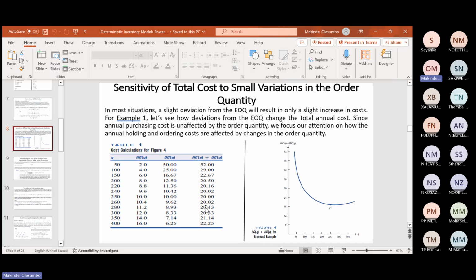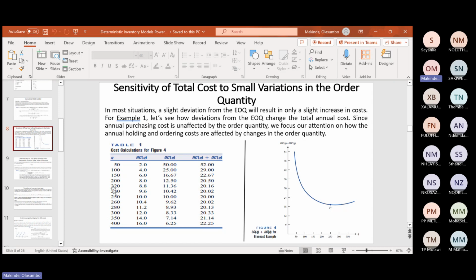But even if I find the difference, if I've included DC, what is the difference if I order 220? What is maybe the difference in cost if I order 220 without ordering the EOQ? If I try to find the reduction in cost, including either DC or no DC, if I find that difference, it will still give me the same difference.